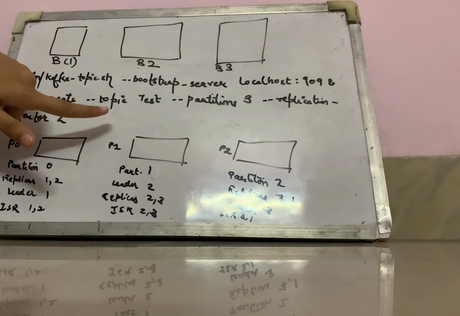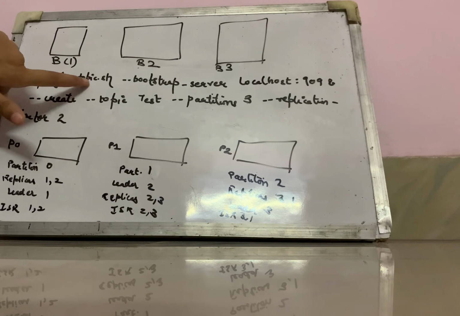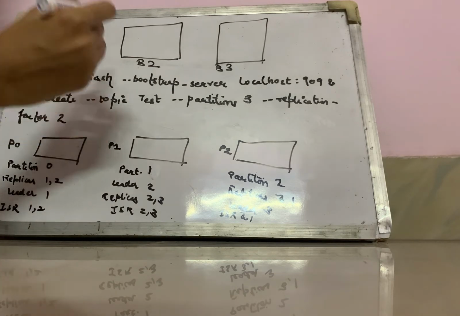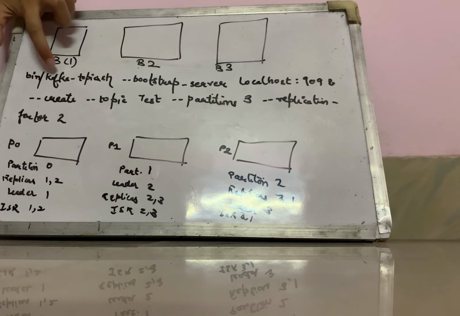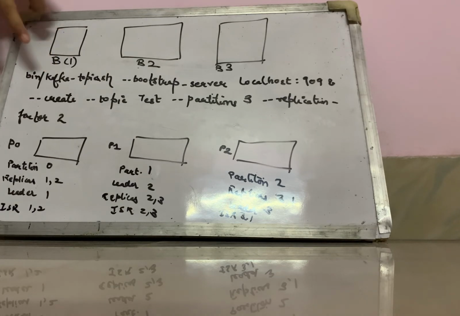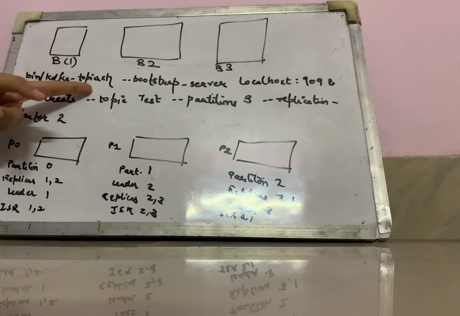So in order to create a topic, we always have to go to the server file kafka-topics. This is the server file which we have with us. Whenever we install Kafka in our system, this file gets installed. So in order to create the topic, we have to go to this file.